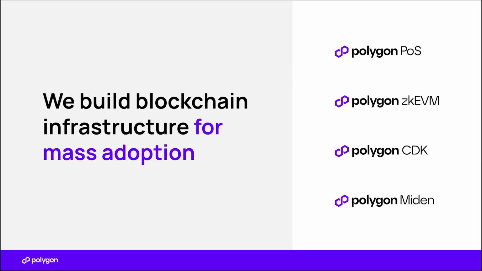So the ethos of the Web3 movement and of blockchain in general is that we believe that a fairer distribution of the value that is created around the internet can be achieved through distributed ledger technologies, through blockchain.